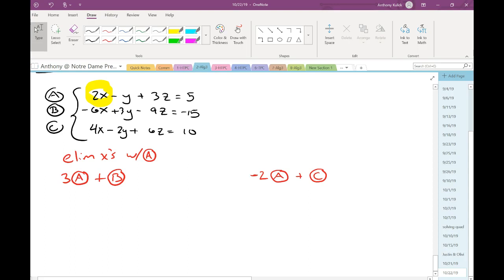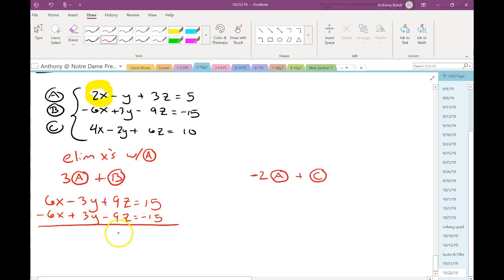Everybody's okay with that setup to start with? So when I do 3 times equation A, I get this. And I add them together, I get that.